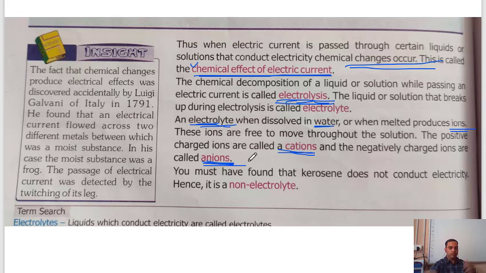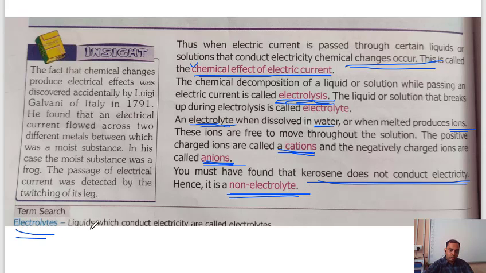You must have found that kerosene does not conduct electricity. Hence, it is a non-electrolyte. An electrolyte has to conduct electricity; electricity has to pass through it. As kerosene does not conduct electricity, it is a non-electrolyte. So what are electrolytes?